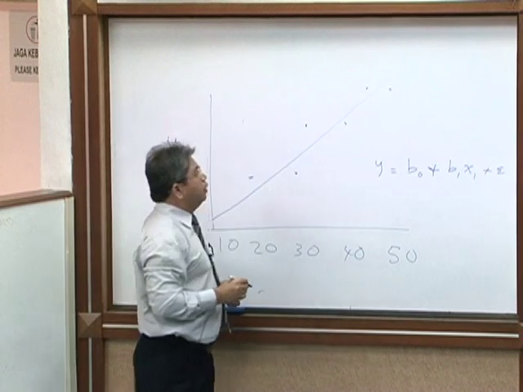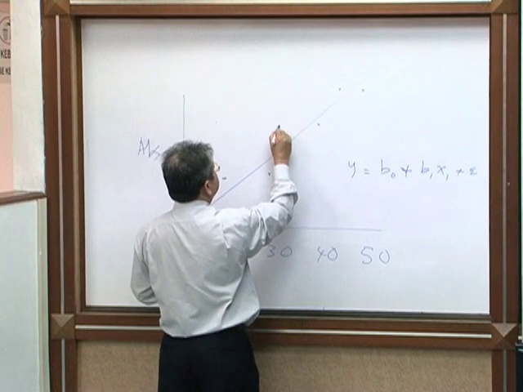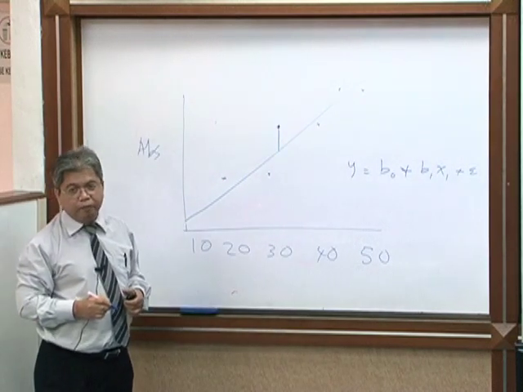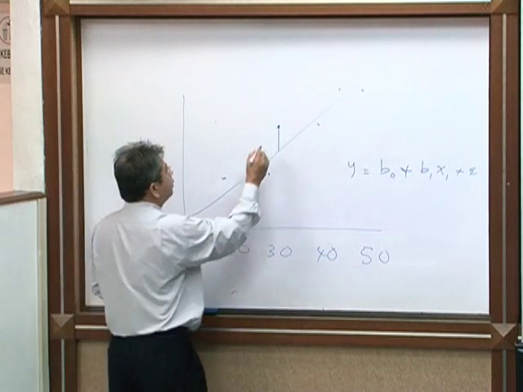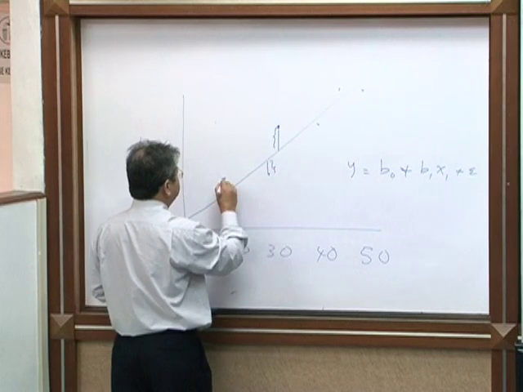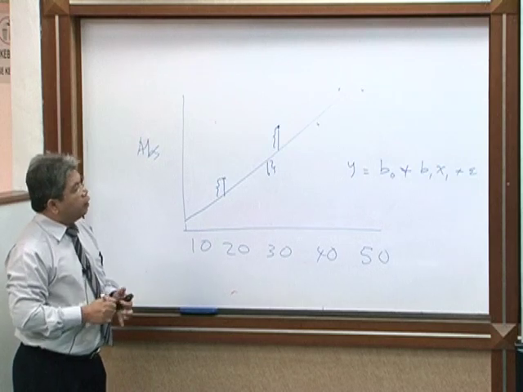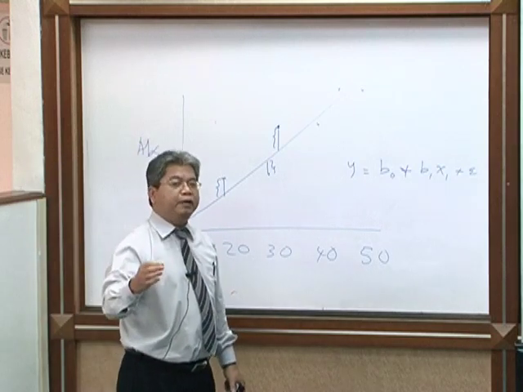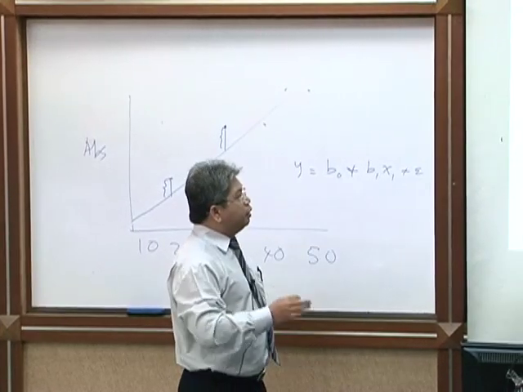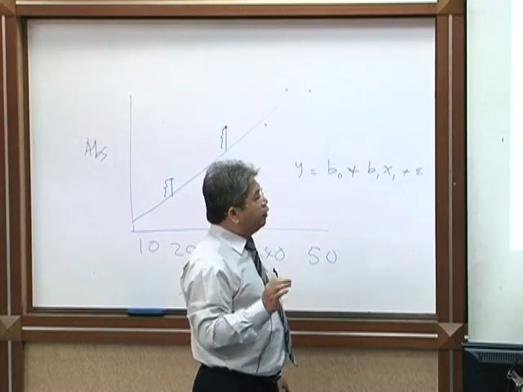We try to find a line which satisfies all the observed values, and there must be an error for each point. In the least square method, we try to minimize the error. The term least square means the least square of error.